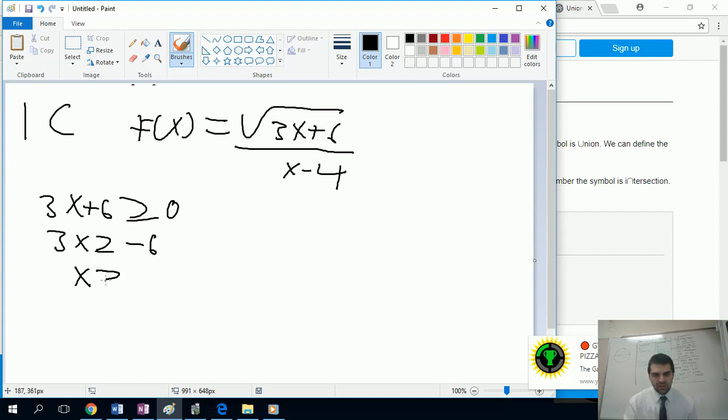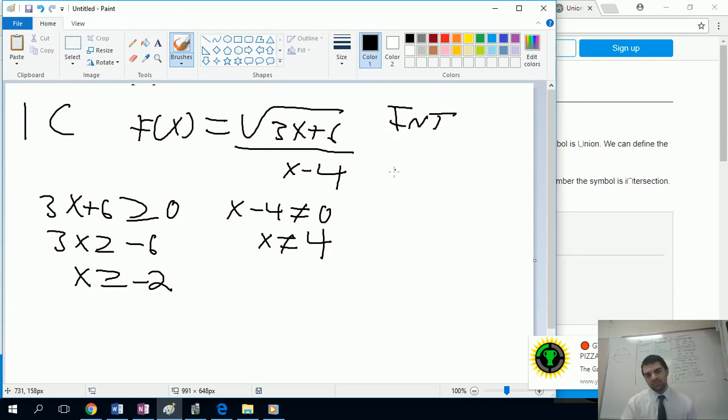X must be greater than or equal to negative 2. Now, also, x minus 4 cannot be equal to 0, so x cannot be equal to 4. So we have a situation where x must be greater than or equal to negative 2, and x cannot be equal to 4.